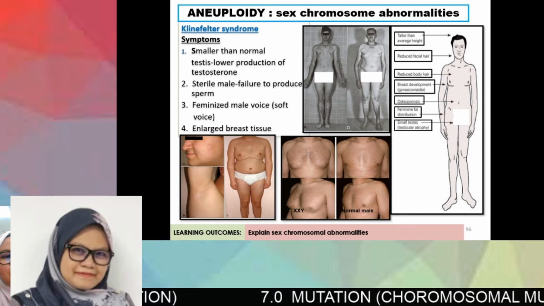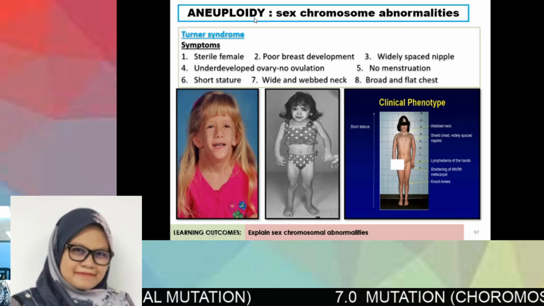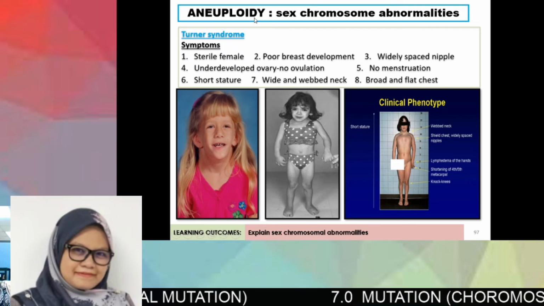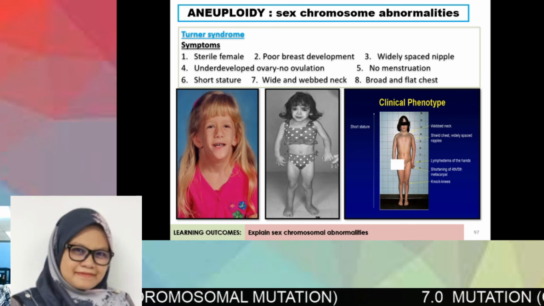Okay. And then for Turner syndrome ni, kalau ditanya jantina, dia consider sebagai female. Kenapa female? Sebab even dia ada satu X, so consider as female. And then what is the symptom?